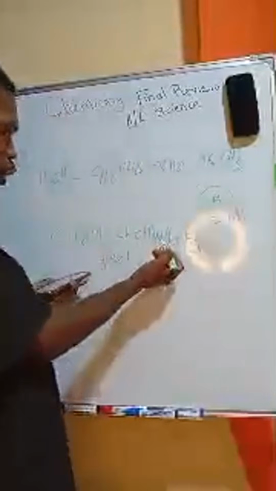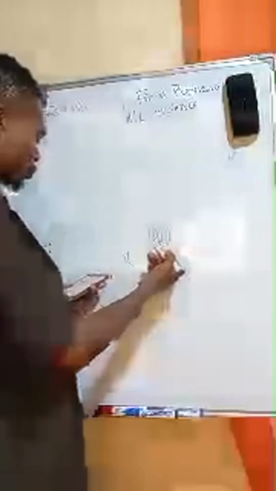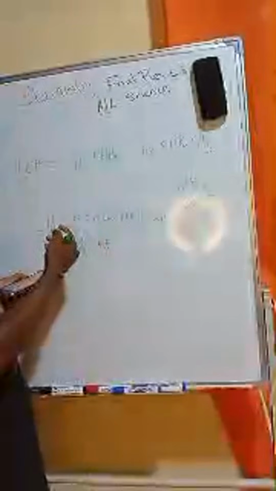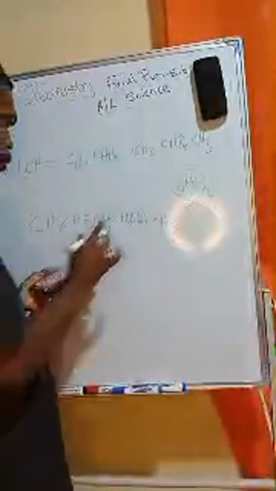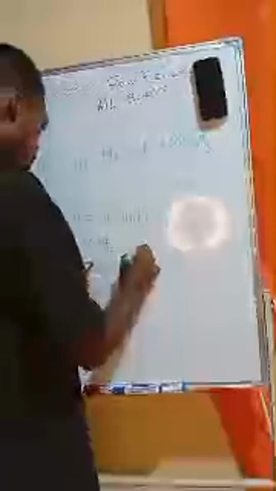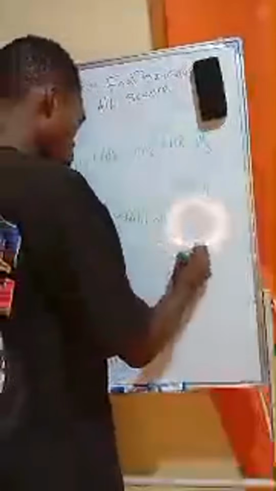Now, the OH is on the second carbon atom, and the double bond is on carbon atom number 2 from here, number 3 from here. Then the OH is on number 3 from here, number 2 from here. So we can say pent-3-en-2-ol.